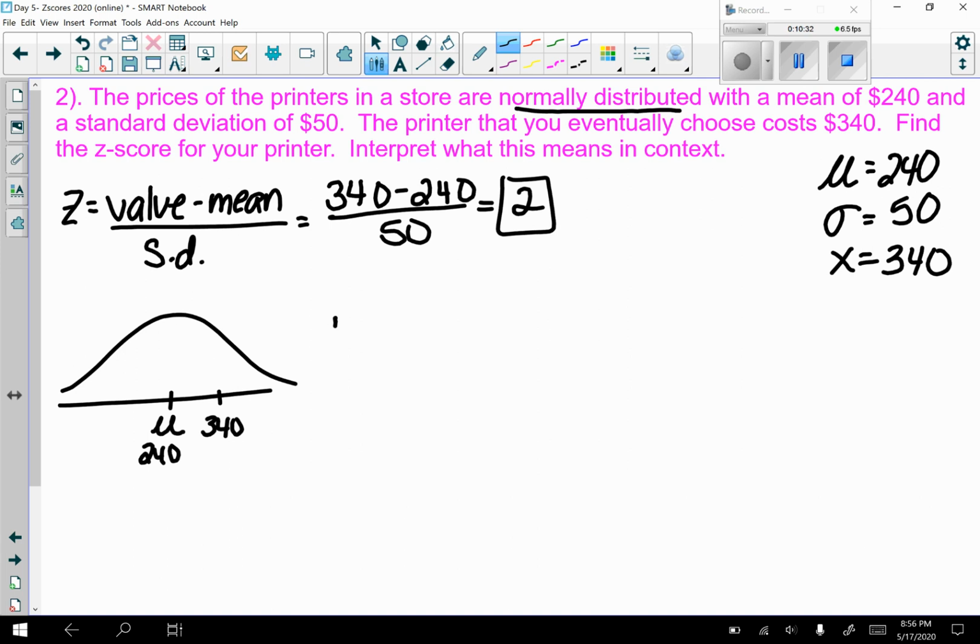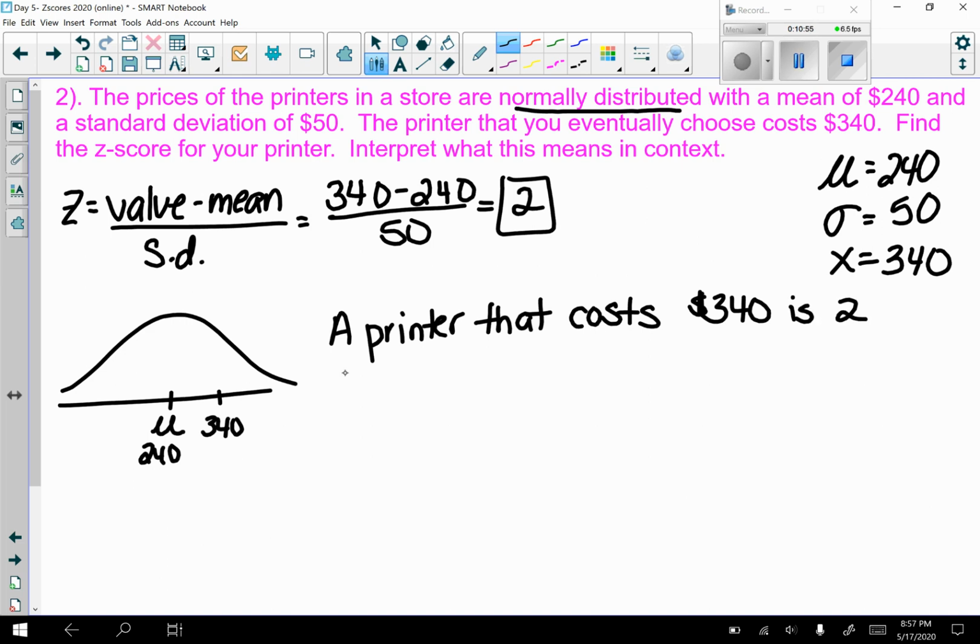So a printer that costs $340 is 2 standard deviations above the mean.